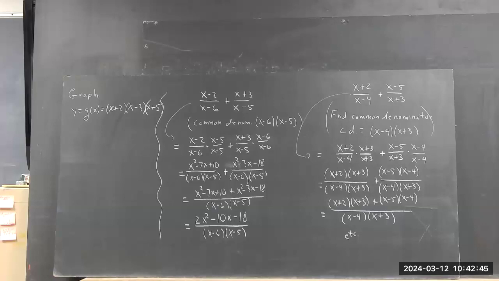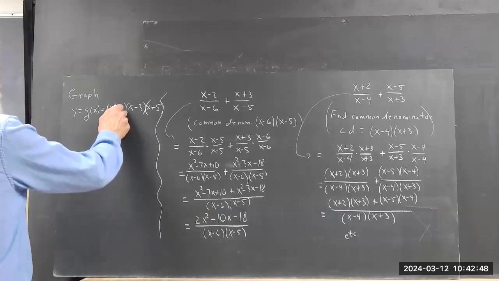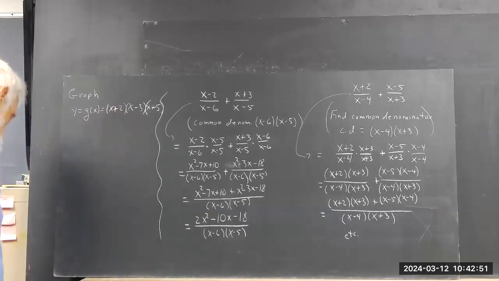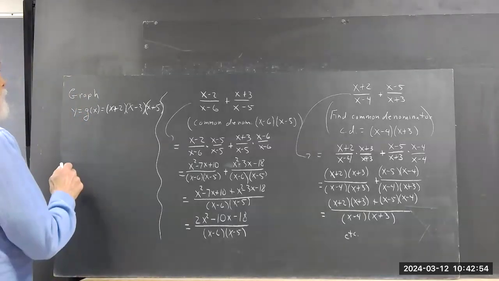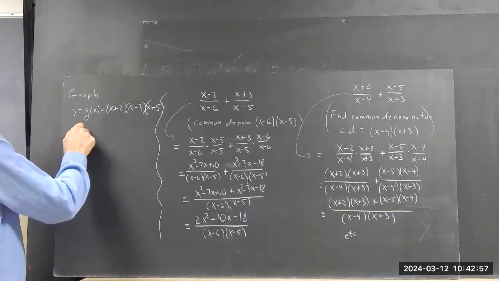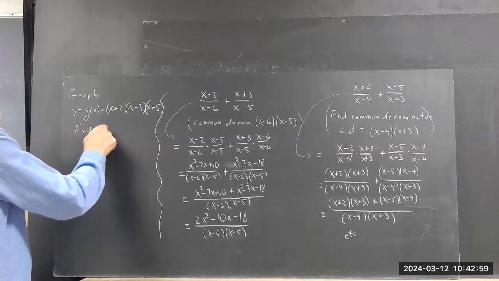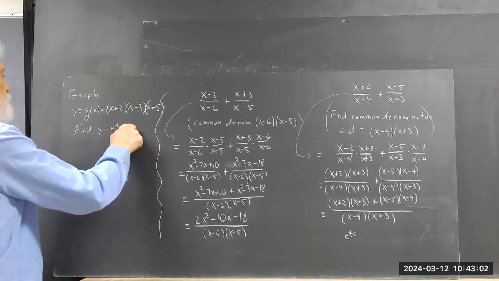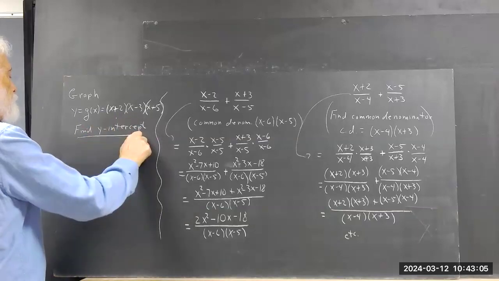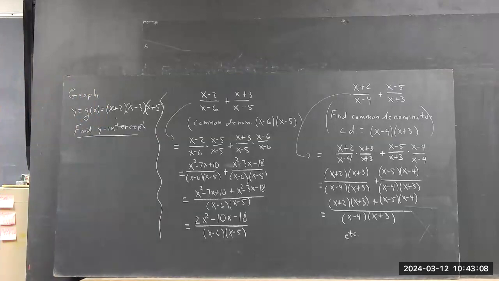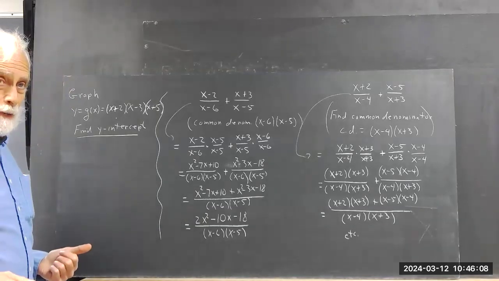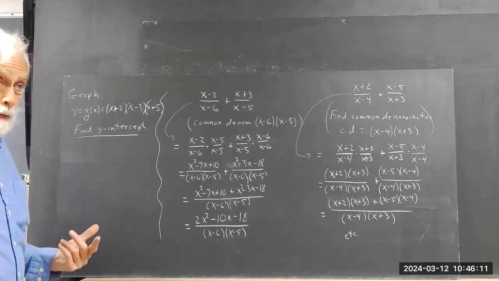Okay, now when you're confronted with a function like this that you want to graph, you start by finding its y-intercept. Okay, so can you find the y-intercept of this function? Now, I spent a lot of effort trying to get people to understand that the y-intercept occurs when x equals 0.